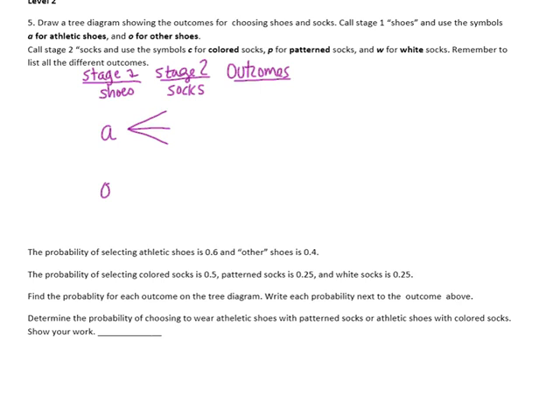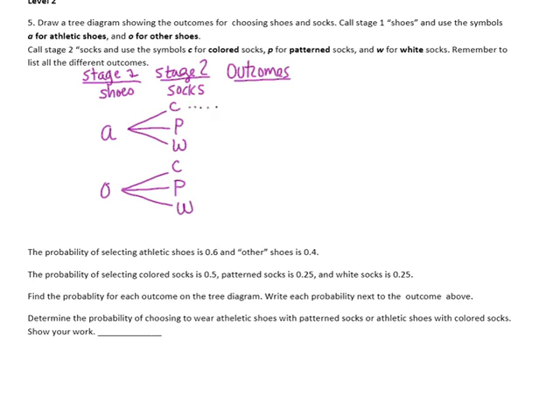So you can wear athletic with colored socks, athletic shoes with patterned socks, or athletic shoes with white socks. Similarly, you might choose other shoes. If you have other shoes, you could have colored socks, or other shoes with patterned socks, or other shoes with white socks.